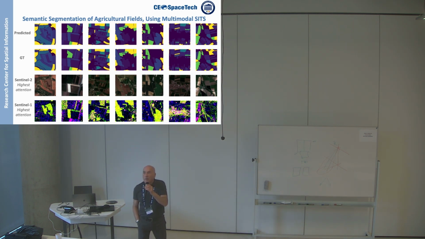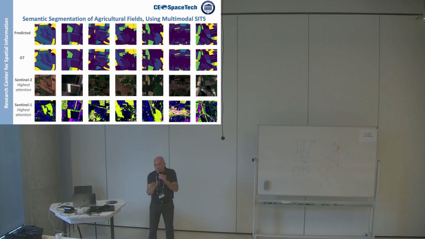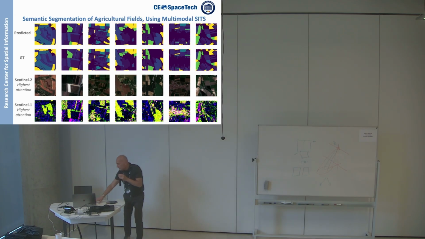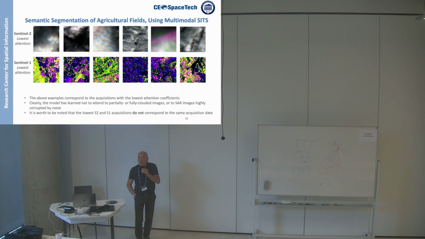And in here we have on the bottom part the highest attention images, which are the images in optical and SAR which correspond for the training. They are not contradictory. And the attention level is actually removing from the training these contradictory examples, which are in here, which are the lower attention.